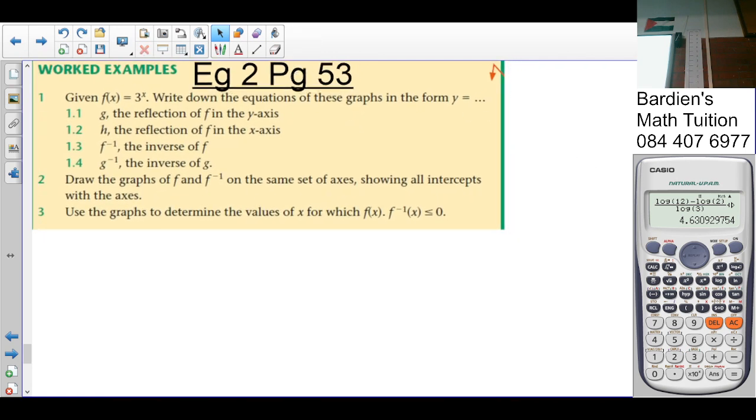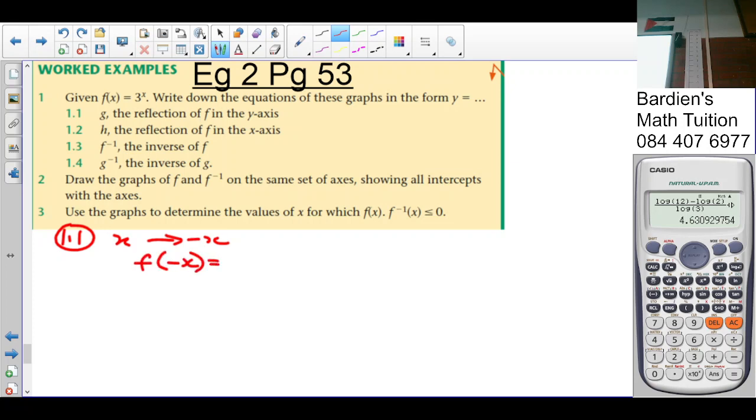In 1.1, they want g of x as a reflection of f in the y-axis. When something is reflected in the y-axis, x becomes negative. So f of x equals 3 to the minus x. Therefore g of x is equal to that, or 1 over 3 raised to the x. Either one would be correct.